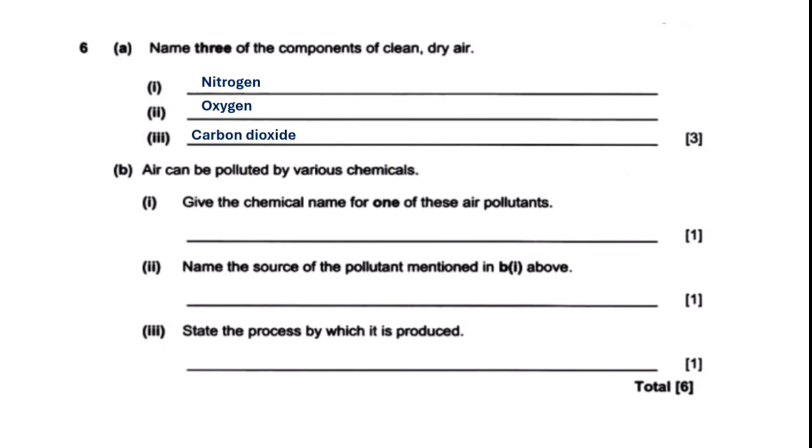Give the chemical name for one of these air pollutants. So the chemical name is just carbon monoxide, sulfur dioxide, carbon dioxide. Right, carbon dioxide. Name the source of the pollutant mentioned above.